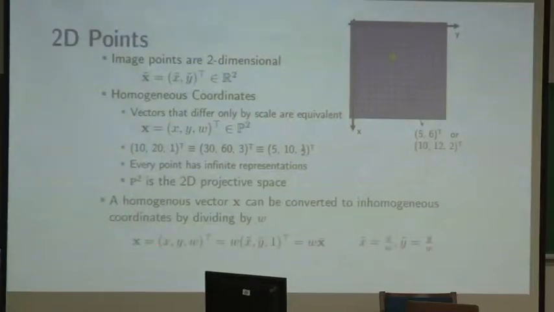If I write the homogeneous vector X as x, y, w, this is also w times x tilde, y tilde, 1, because if I take w as common, then the normalized scale factor is 1. Multiplying and dividing by 1 doesn't matter. So x tilde is really x over w, and y tilde is really y over w. Any questions around this?